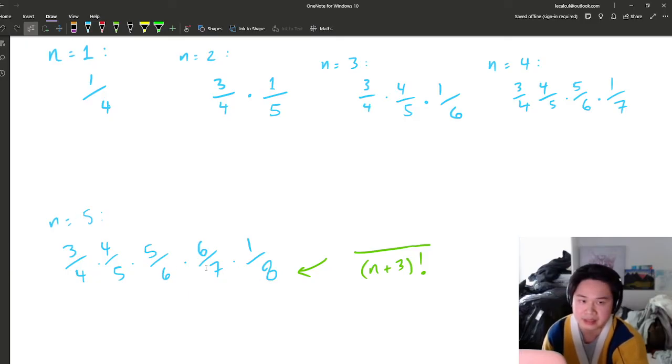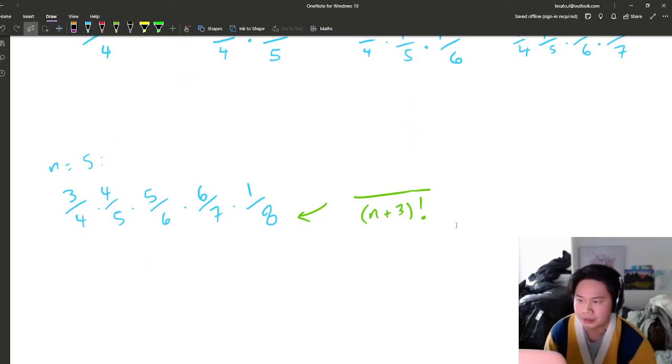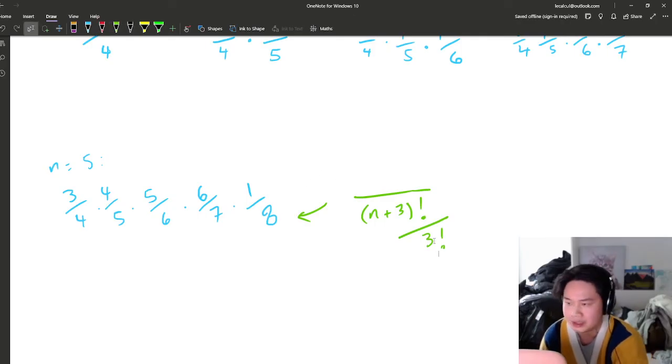And then it's 8 times 7 times 6 times 5 times 4. It always stops at 4. So what that means is that we do want to remove the last 3 times 2 times 1. So 8 times 7 times 6 times 5 times 4 is the same as 8 factorial divided by 3 factorial.